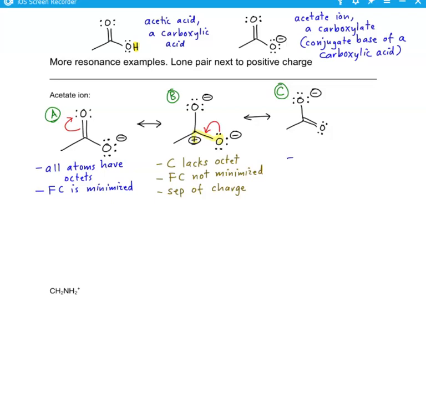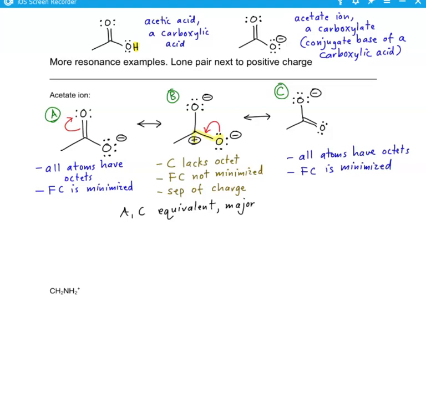And finally, in structure C, again, all the atoms have an octet. And we have minimized formal charge. Now, if you look at structure A and structure C, as it turns out, A and C are equivalent contributors. And they're both major for the reasons listed above.